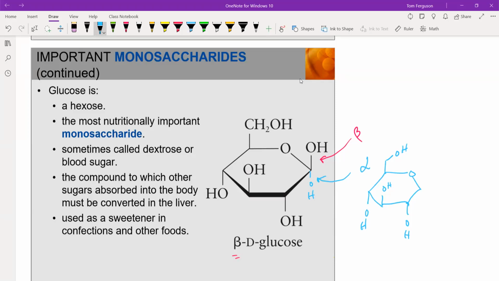Now these three here is what differs. For example, galactose has the two on the left going up. You'll see that in a second.